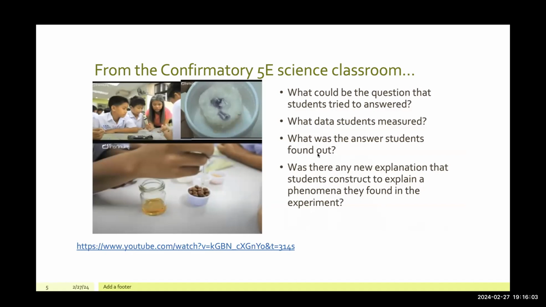What could be the questions that students try to answer? What data did students measure? What was the answer students found out? And was there any new explanation that students constructed to explain a phenomenon they found in the experiment?